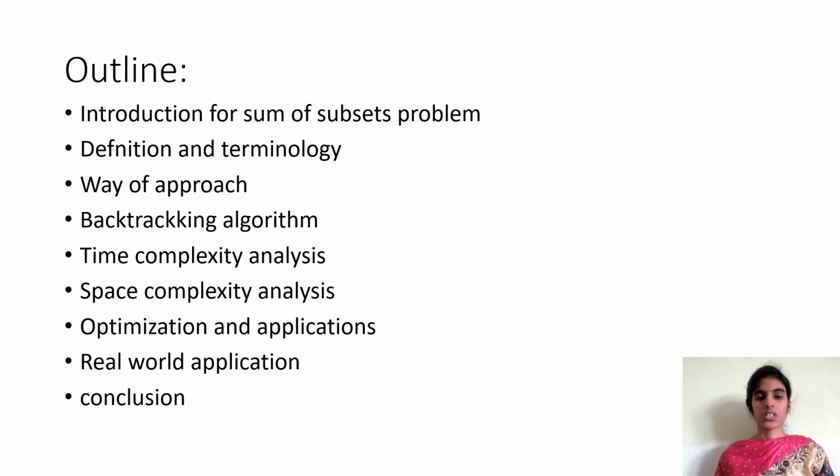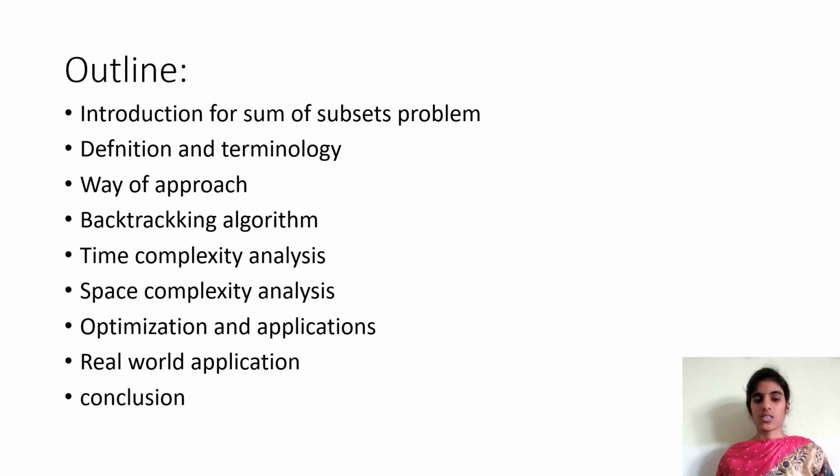Outline of the topic: introduction for the sum of subsets problem, definitions and terminology, and there are two ways of approach. The two ways are explained in detail. Backtracking algorithm and time complexity analysis for the backtracking algorithm as well as the brute force approach.